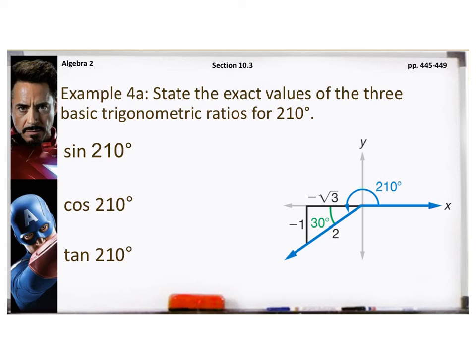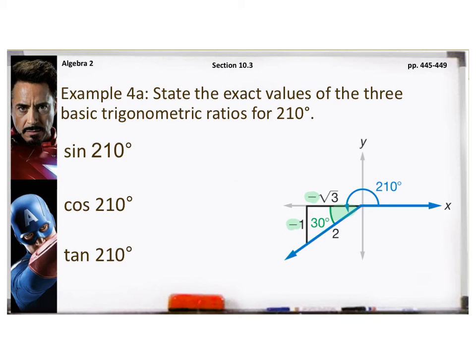State the exact values of the 3 basic trig ratios for 210. Well, notice 210 gives me a 30-degree reference angle. With a 30-degree reference angle, I know my side ratios. I have 1, √3, and 2. Now, because it's in this quadrant, the x and the y are both negative. So that's why I have these negative values, because this angle is in the third quadrant.